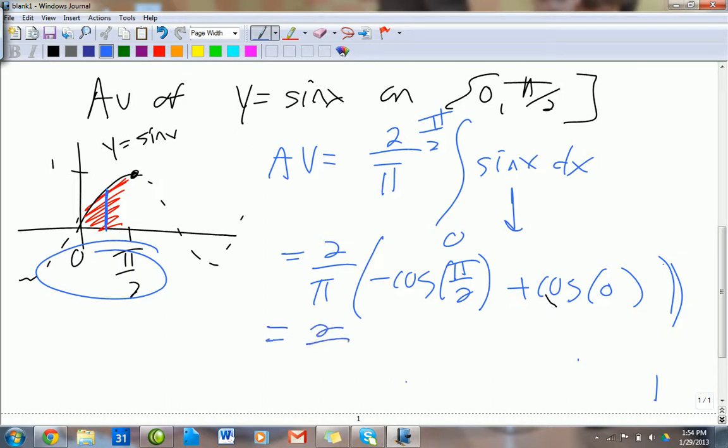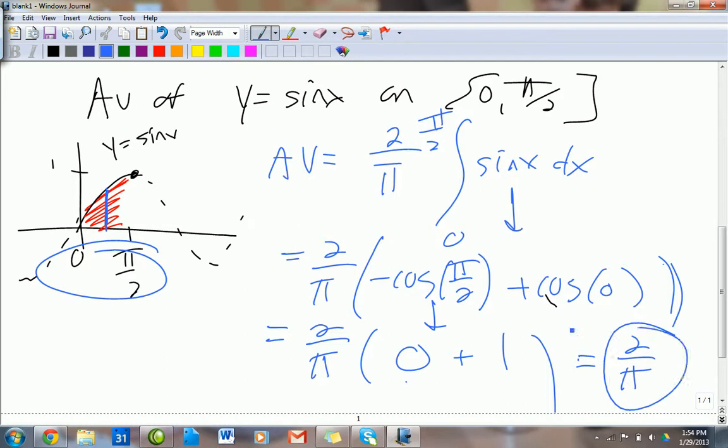So 2 over pi comes along for the ride. Bam. Cosine of pi over 2 is 0. I don't care about that negative sign in front of it. Cosine of 0 is 1. And that leaves me with, ergo, therefore, equals 2 over pi.